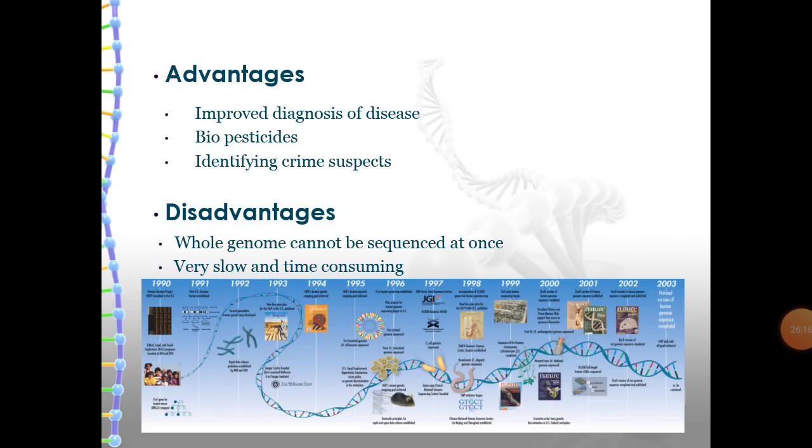The analysis of the genome of the insect killing fungus has also helped in developing effective biopesticides. It has helped in identifying crime suspects. At the same time, it poses some disadvantages, which we have even discussed in the earlier slide. The whole genome cannot be sequenced at once, and this process is very slow and time consuming.